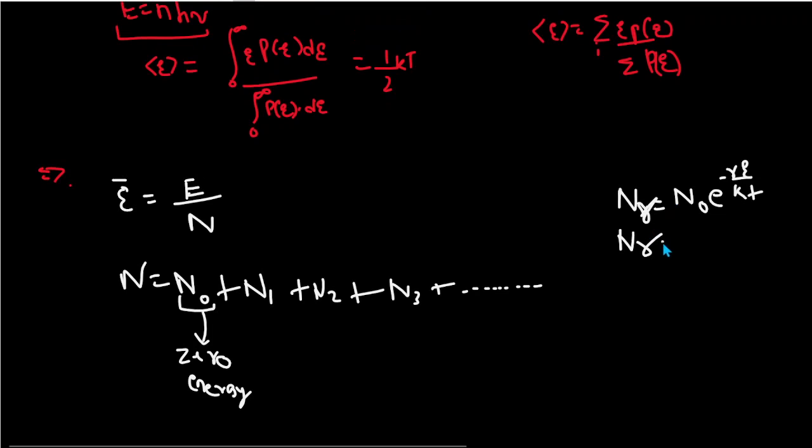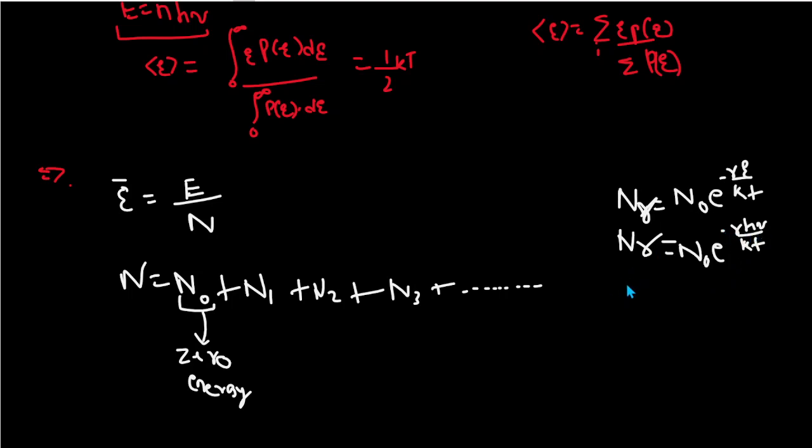Let me write this in a more general fashion: n0 e to the power negative r h mu divided by kT. So this is the formula from the Boltzmann distribution, and it says that if you have n0 particles who have zero energy, then the particles n1 having one increment of energy, n0 into e to the power negative 1 h mu upon kT, is given by this formula.